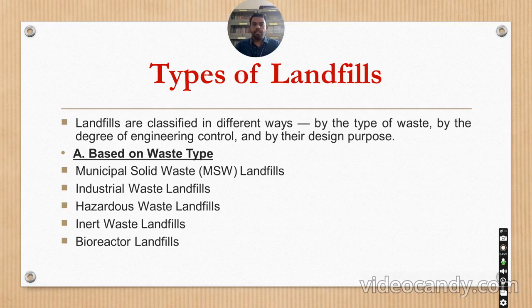The types of waste we have to consider are first the municipal waste, which is produced very rapidly and in large amounts. So we have municipal waste landfills, industrial waste landfills, hazardous waste landfills, inert waste landfills, and bioreactor landfills. The configurations of all of these are different from each other, so the landfill procedure we apply is also different.